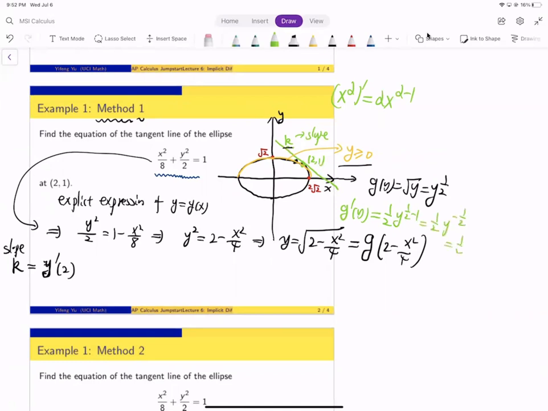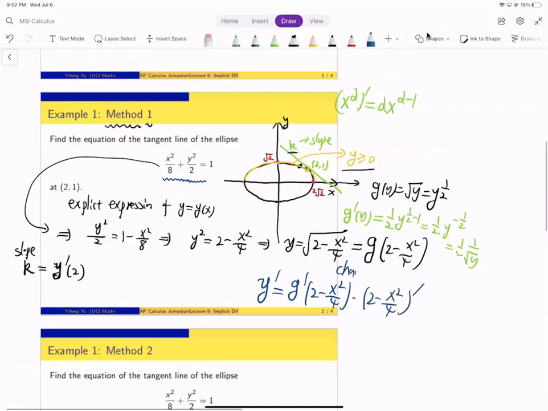That's just 1/2 times 1 over the square root of y. Then the derivative of this will be g prime of 2 minus x squared over 4, times the derivative of 2 minus x squared over 4. So this is the chain rule.